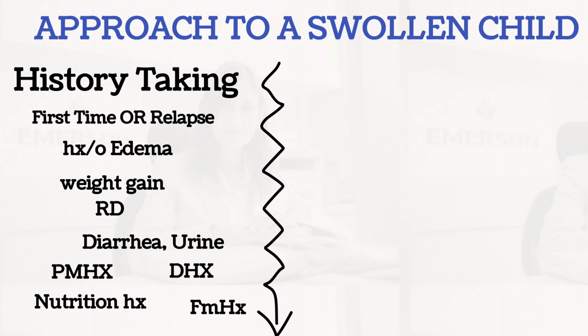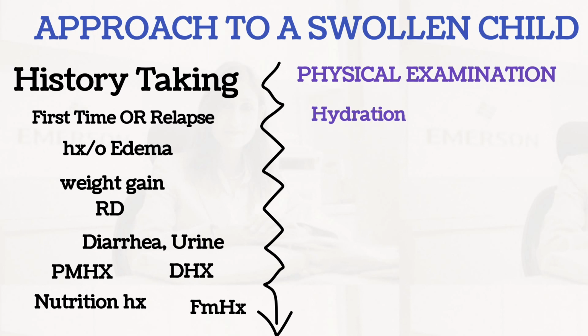Then physical examination: assessment of the hydration status should be done, which identifies fluid imbalances. In short, to assess for dehydration or overhydration. Then of course you have to check the blood pressure, specifically to see if there is hypertension or not. That's a typical feature. Then you check for any papilledema.